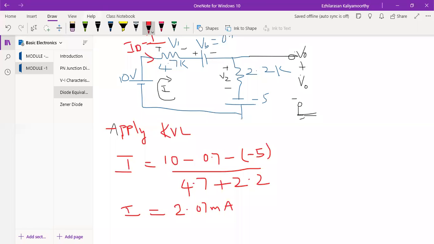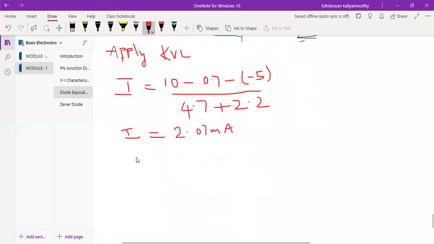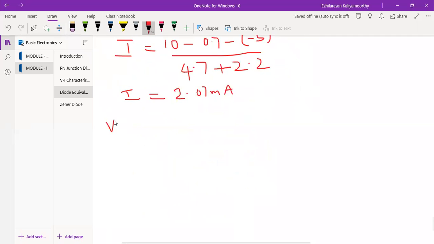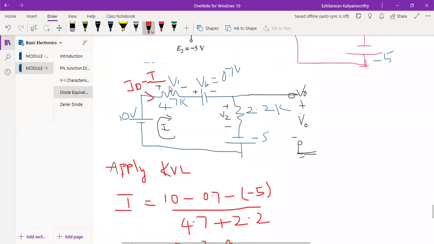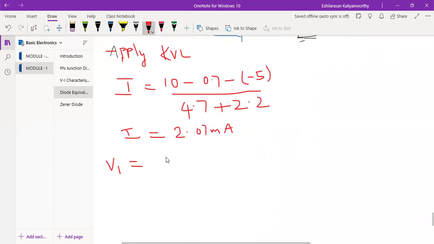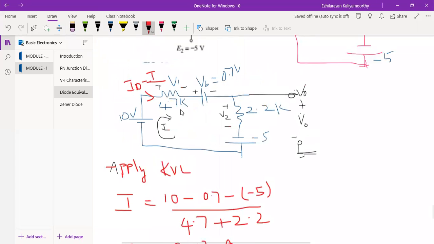Next, what did they ask to calculate? They ask you to calculate V1. Now, what is V1 actually? V1 is nothing but the voltage across this resistor. That is V1 is equal to I into R. You consider this is R1 and this is R2.